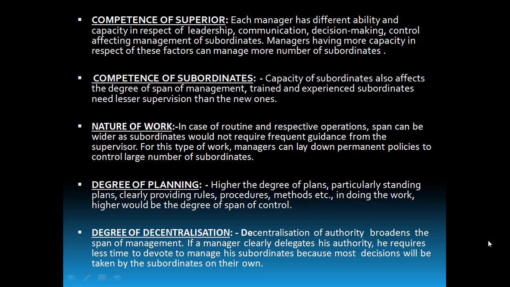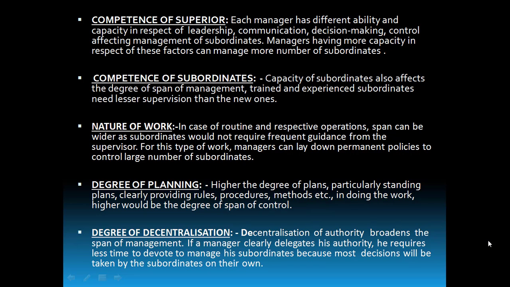Right? Second is competence of subordinates, or the capability of subordinates. If the subordinates are trained and experienced, then they won't need much supervision from the managers, right? Rather than the newer ones, that is, subordinates who are new and not trained, who would require very close guidance and instruction from their superiors. So in an organization where there are trained and experienced subordinates, they can plan for a wider span of control, because one manager can easily manage many trained and experienced subordinates under him.